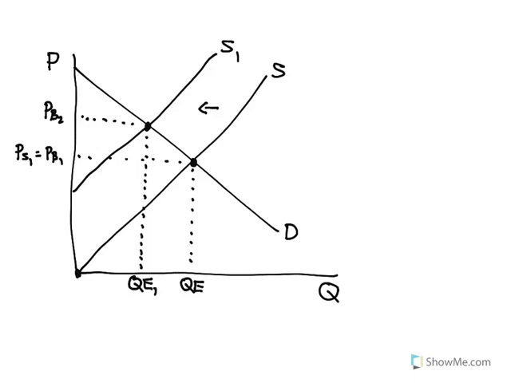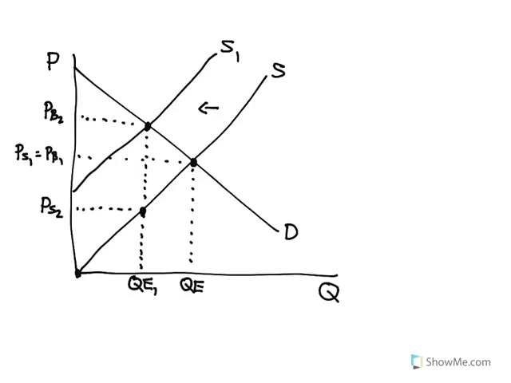And so PB2 represents a higher price that the buyer has to pay because they now have to pay a tax on the product. It is not the price the seller gets to keep, though, because remember, once that tax goes from the buyer to the seller, the seller then has to take it to the government. And so the price the seller actually gets to keep is down here at PS2.